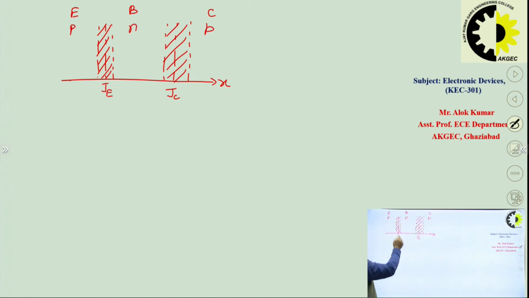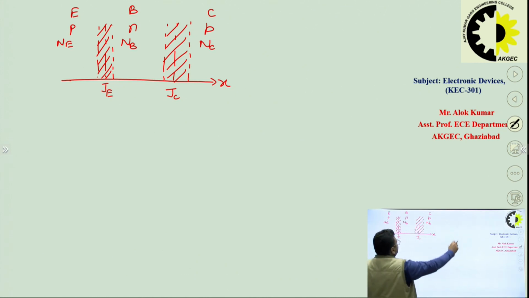We are considering the concentration in the emitter is Ne, the concentration of the base is Nb, and the carrier concentration of the collector is Nc. These Ne, Nb and Nc are the majority carrier concentrations.